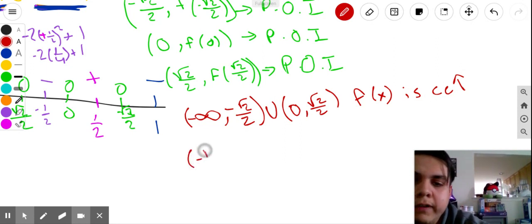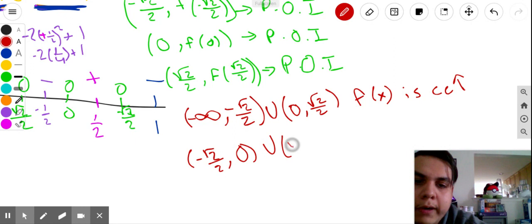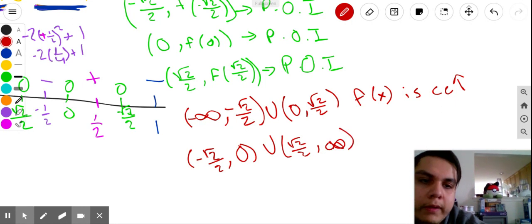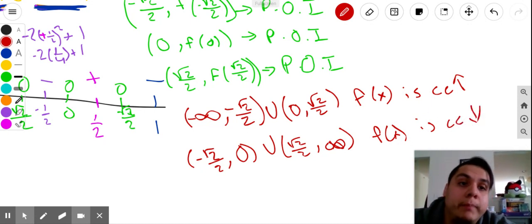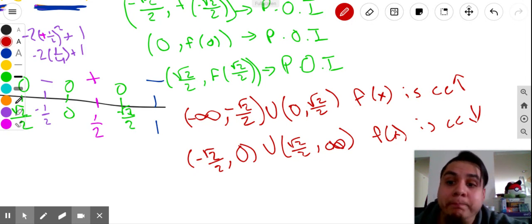From negative radical 2 over 2 to 0, or from radical 2 over 2 to infinity, f of x would be concave down. And that's it. That's the same idea we were doing with the interval testing. Good luck.